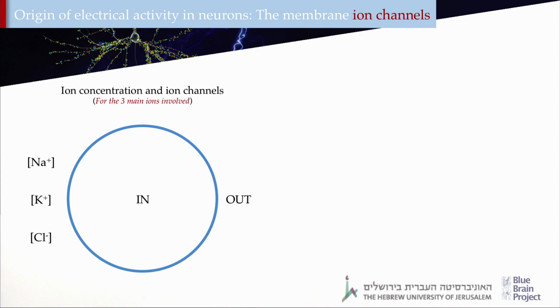Okay, so there are three key ions that carry charge across the membrane of the neuron. There are the sodium ions, the potassium ions, and the chloride ions. And these three ions have different concentrations between the outside and the inside of the membrane.